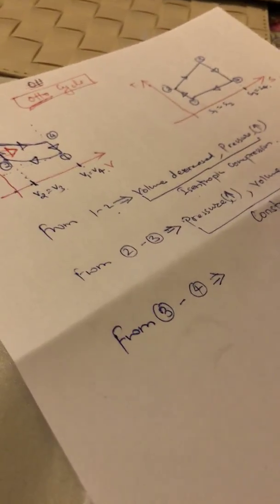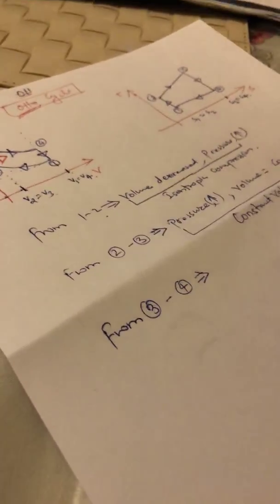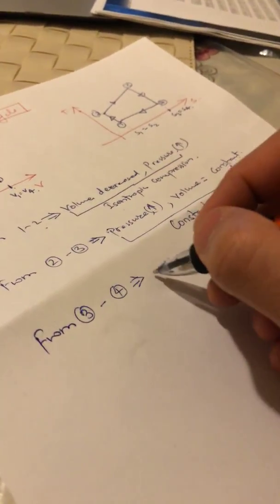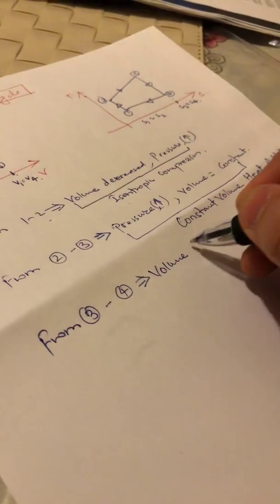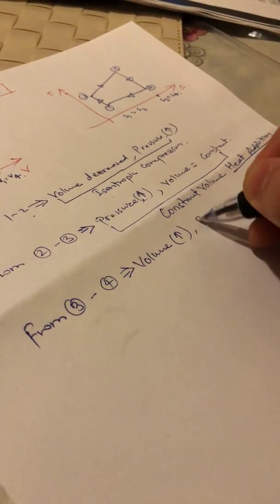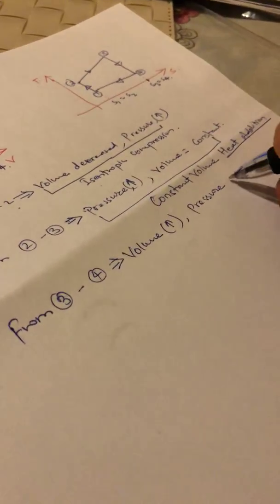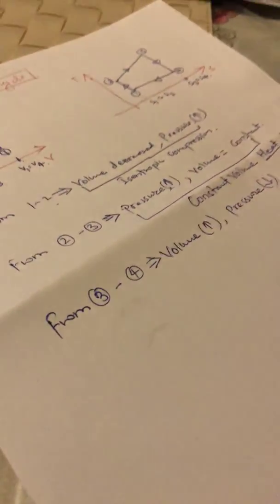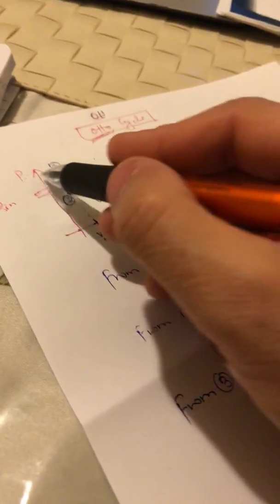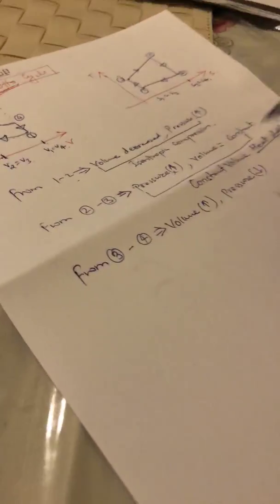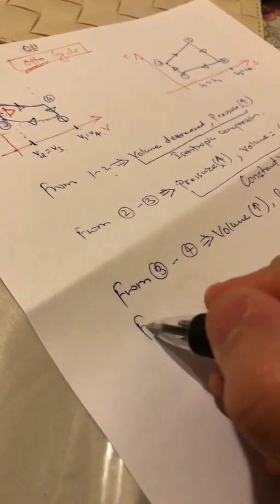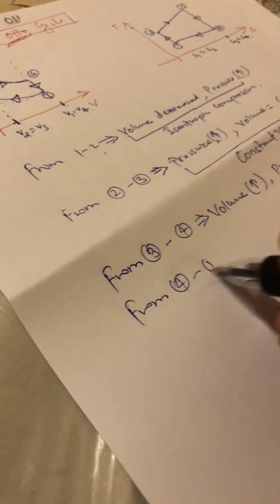But from position 3 to 4, the volume is increased but the pressure is decreased, meaning that the piston has expanded. So we can say volume is increased while pressure is decreased because it expands. If you see here, the pressure in this position is higher than the pressure in this position, so pressure is decreased.